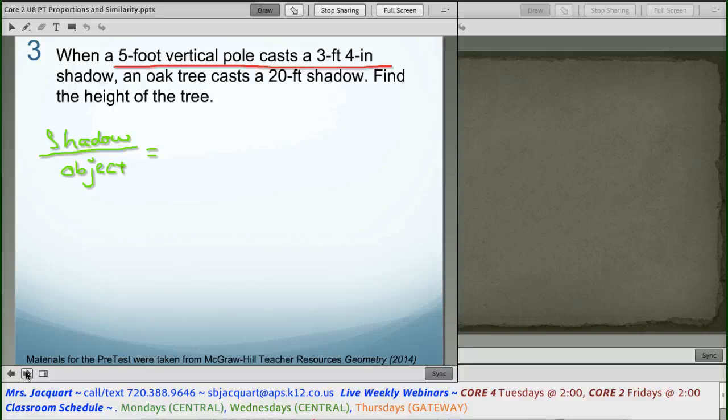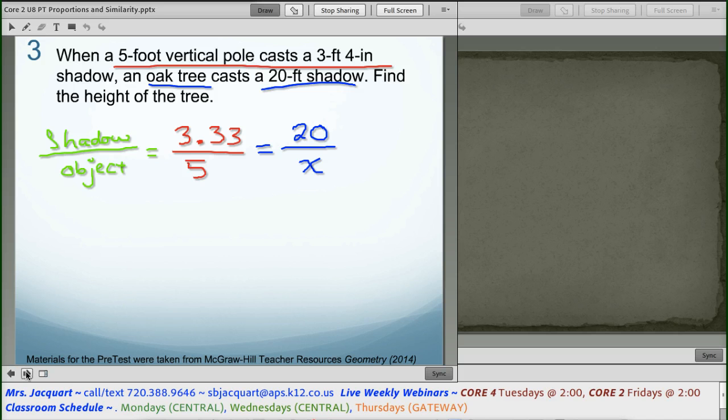The shadow is 3.33 feet, because 4 inches is 0.333 feet, over 5 feet. And then my 20-foot shadow from my oak tree. I don't know what my oak tree's height is, so I'm going to put an X, but I'm going to put 20 for my shadow.